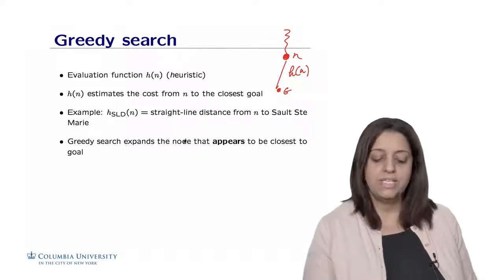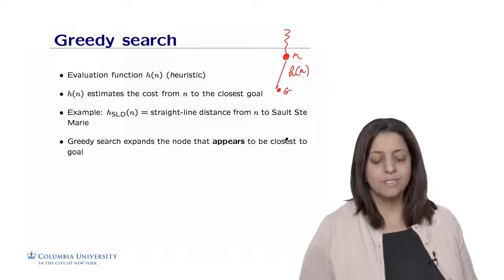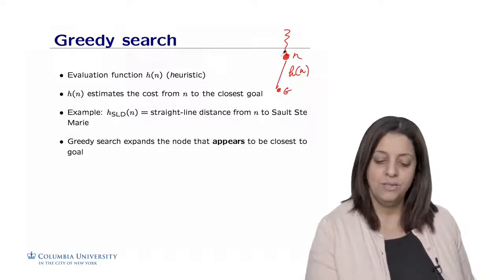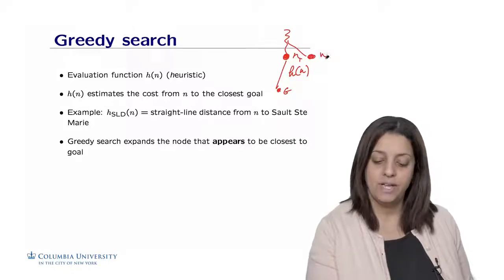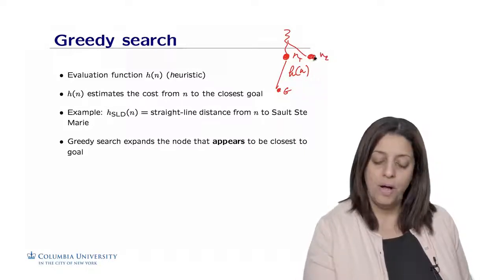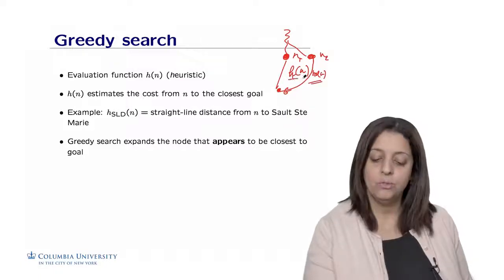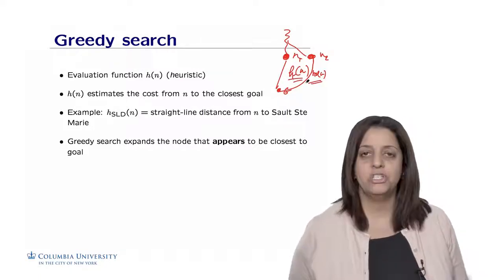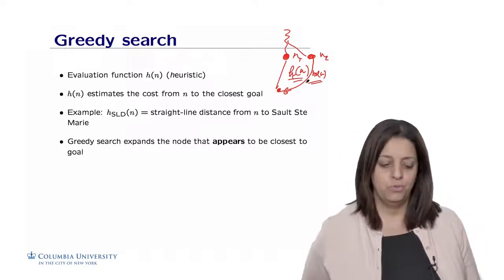Greedy search will expand the node that appears to be closest to the goal. We have different possibilities of exploring the nodes, node 1, node 2, with h1 of n, h2 of n, and we prioritize by this h function in order to pick the next node to explore.